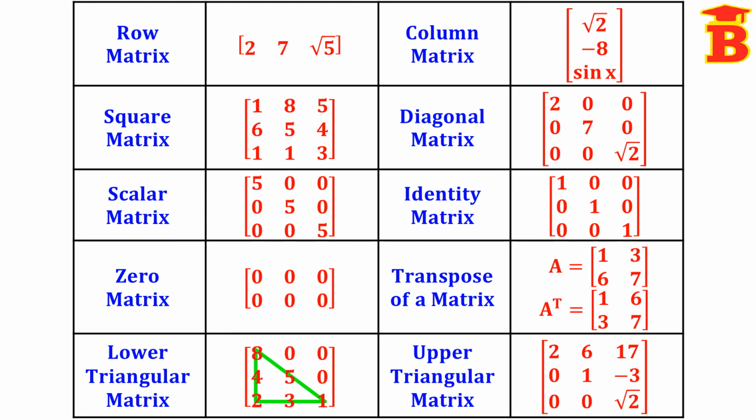We can remember easily, in lower side only we have numbers. Upper side 0. Lower side only we have numbers, it's called lower triangular. If we have numbers in the upper triangle side only, then it is called upper triangular matrix. So in this way we can remember all the types very easily.